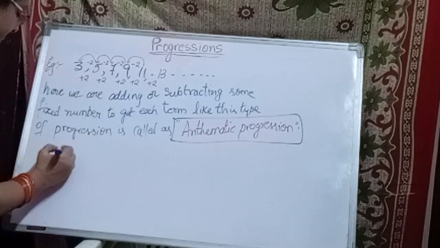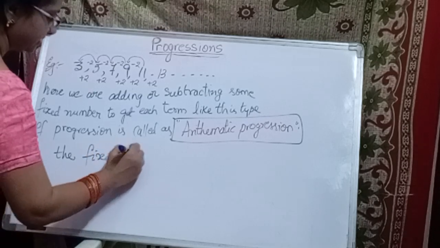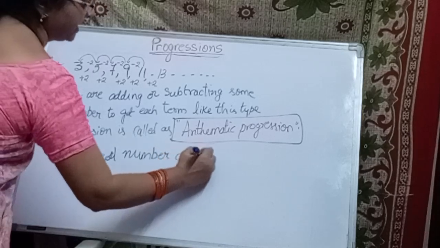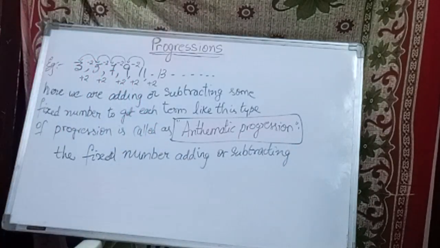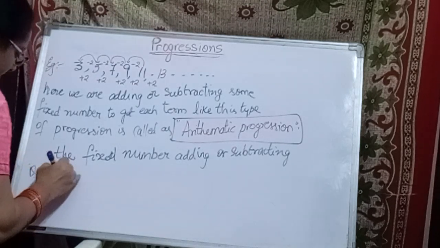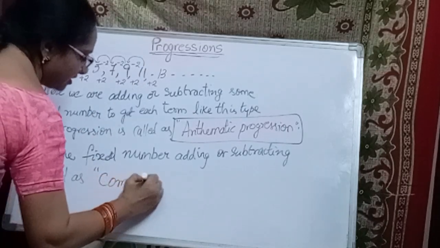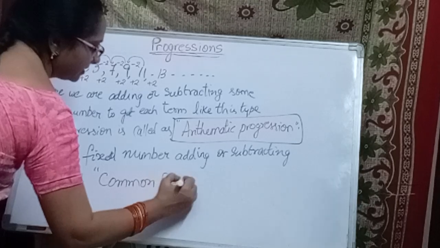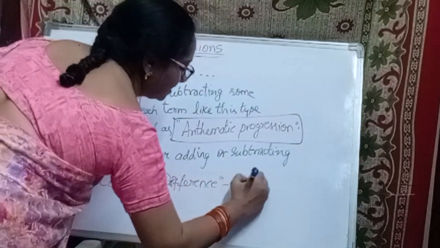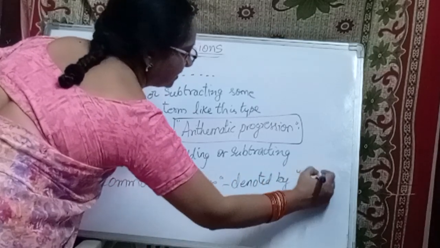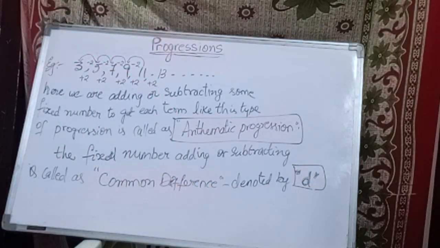So again here, the fixed number we are adding or subtracting is called the common difference, and it is denoted by D. Okay, understood?